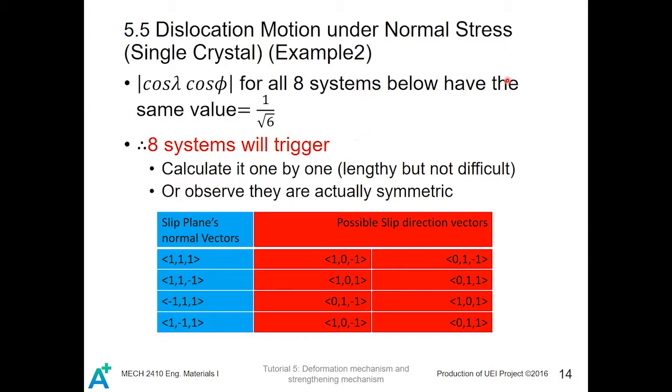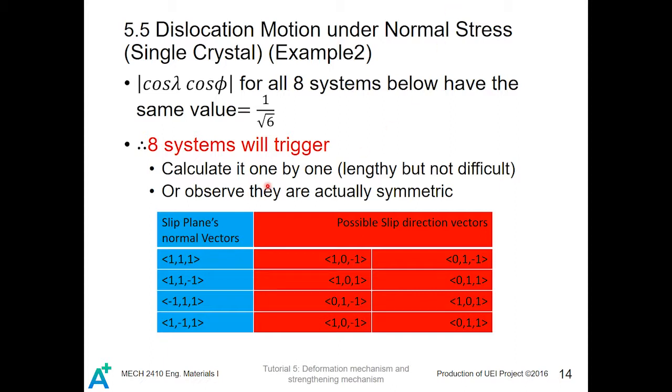You can use two ways to do it. The first one is to calculate it one by one, which is lengthy, but this is not difficult because this is basically simple calculations. But you can also observe that they are actually symmetric. And how can you calculate it? It is basically calculating the first cosine term first, and then the second cosine term, using the methods I have mentioned in example 1, which is again using the dot product equation.